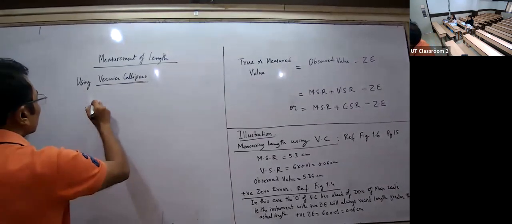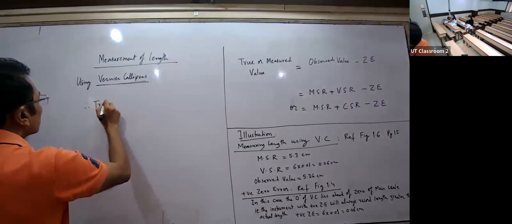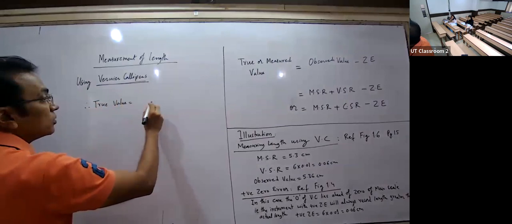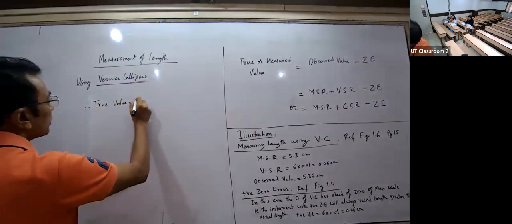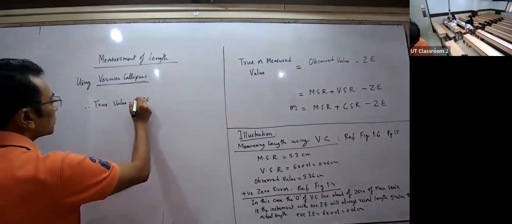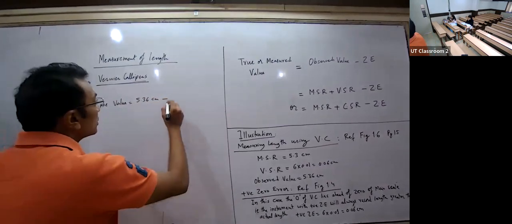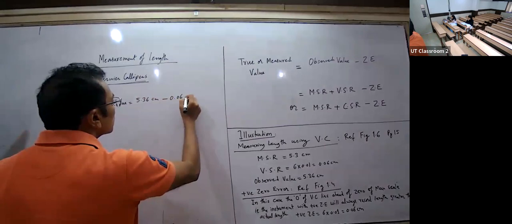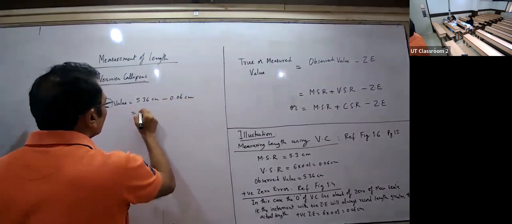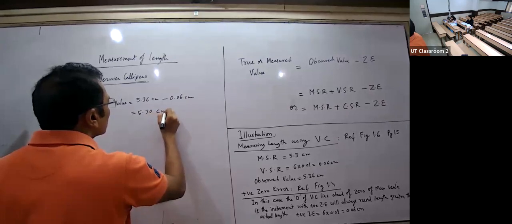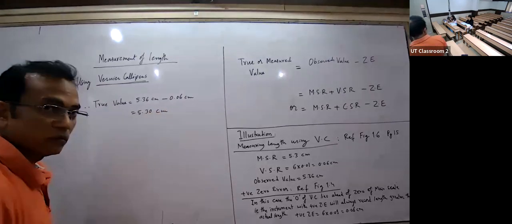So the true value is equal to the observed value. How much was the observed value? 5.36. And zero error is 0.06. So 5.30. This is the correct value.